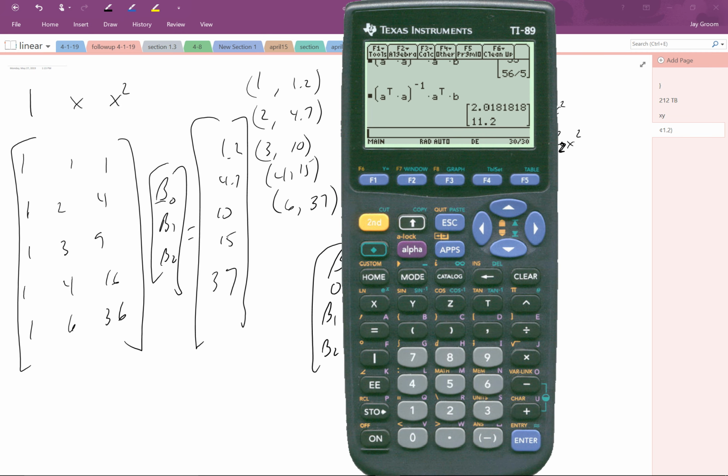Again, I'm going to do it in columns, but I'll do it as a transpose. So I'm going to do 1, 4, 9, 16, 36. Oh, wait. Oh, I know what I did wrong. So 1, 1, 1, 1.